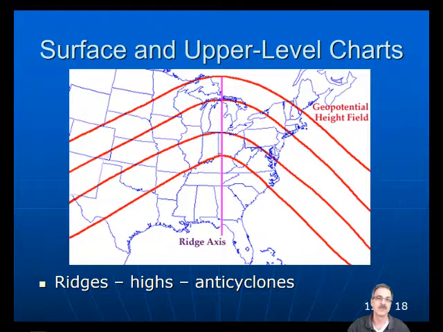Okay, so with the surface and upper air charts, you get what are referred to as ridges and troughs. So a ridge looks like this. You get these isobar lines lining up with a peak here, and this is called a ridge, and it's usually associated with a high pressure system.